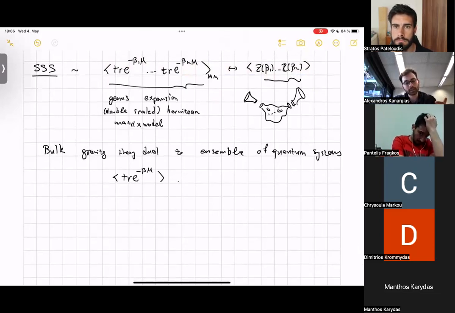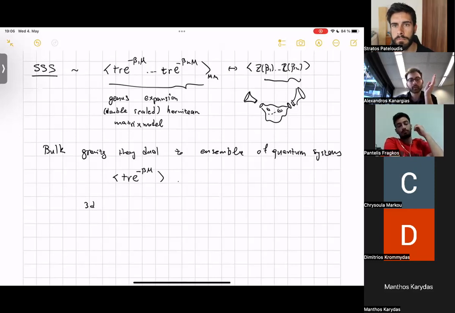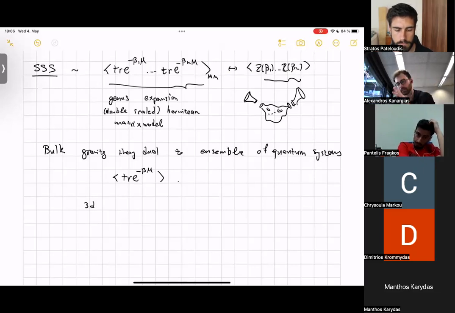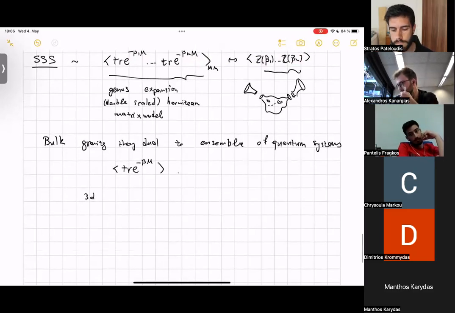In 3D you have a similar duality between some bulk gauge theory, called Chern-Simons, and on the boundary conformal field theories which are compactified. So the surfaces that you put them on are tori, and this is one part of our research that we're currently looking into: dualities between compactified conformal field theories and 3D bulk gauge theories.